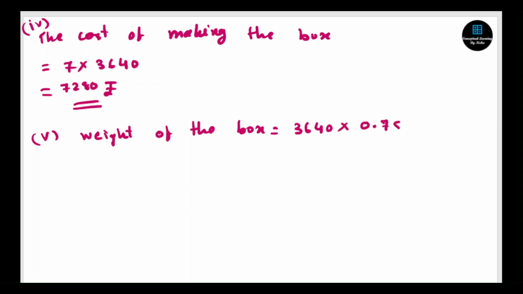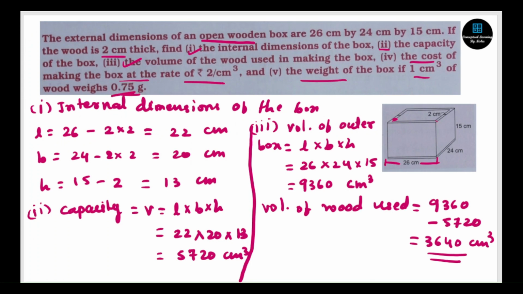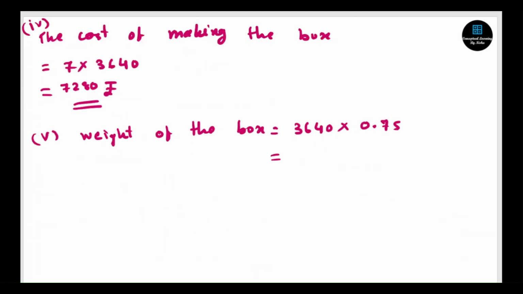So we have to multiply with that. Alright, because they have given 0.75 gram, right? So the answer which I'll get is in grams. And now when we multiply these two, we'll get 2730 gram. So what I can say, this is 2 kg 730 gram. So this is the answer which I get.